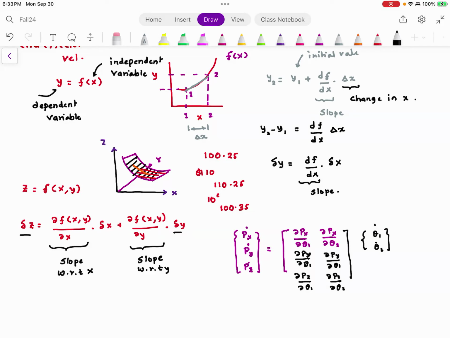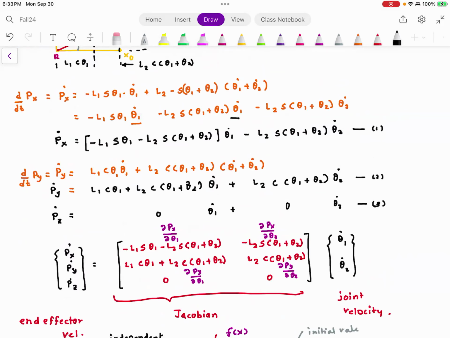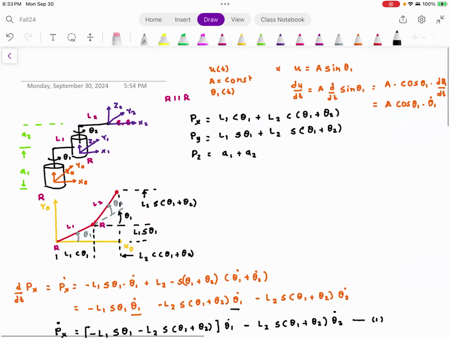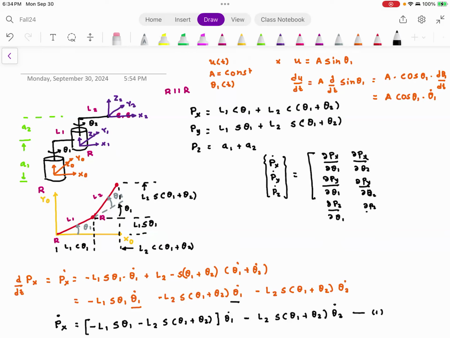Everyone understood this? What it means is, rather than taking the derivative the way I have taken it, I can just write the expression for px and py, and I can write the expression for the derivative of pz as partial px by theta 1, partial px by theta 2, partial py by theta 1, partial py by theta 2, and partial pz by theta 1 and partial pz by theta 2.